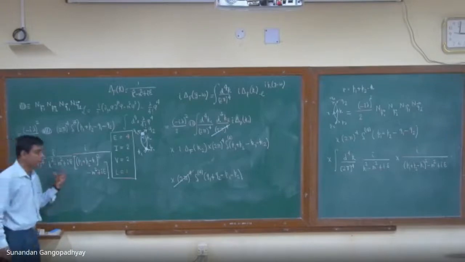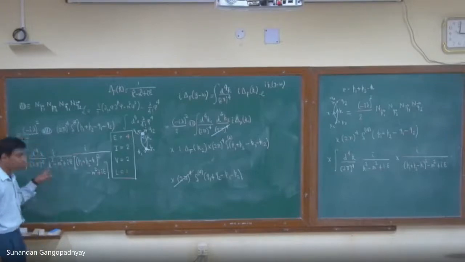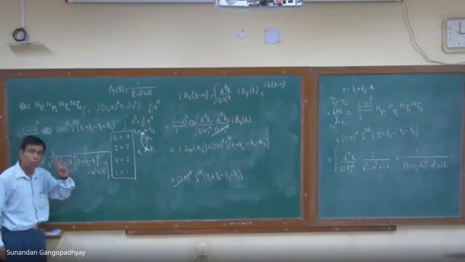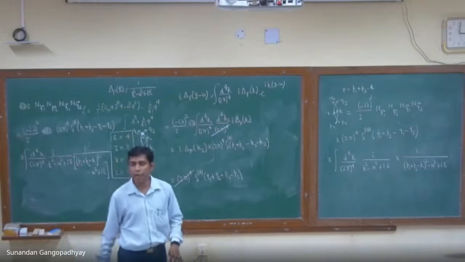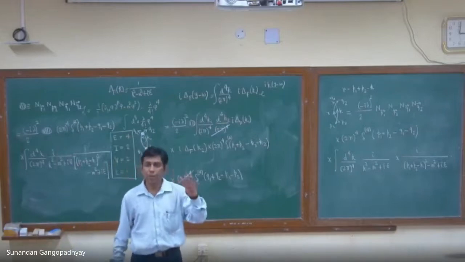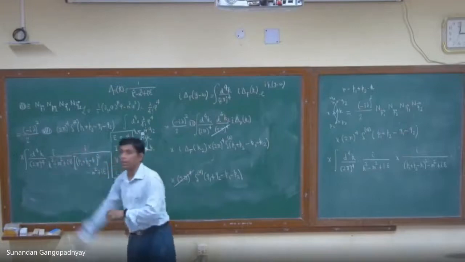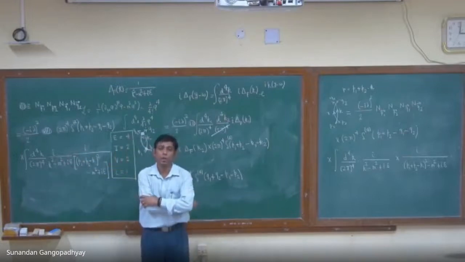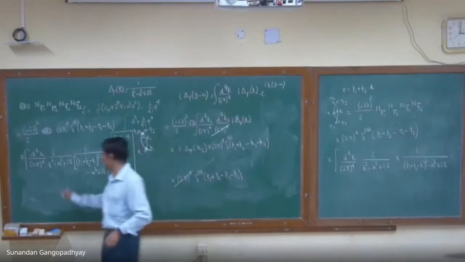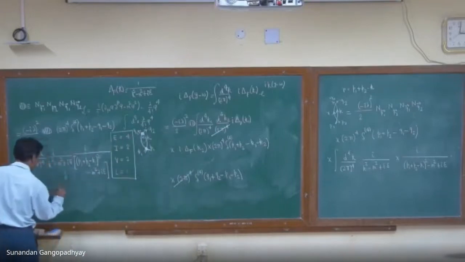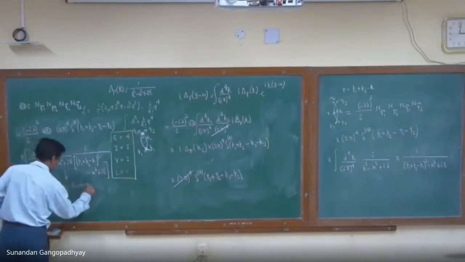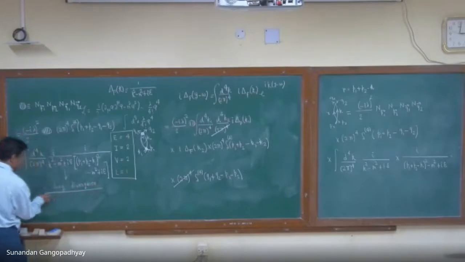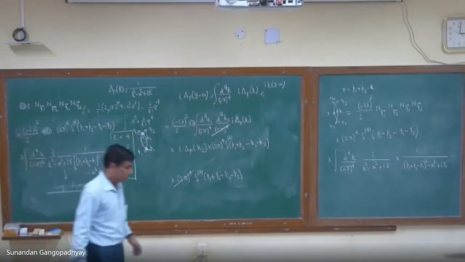And how many powers of k are there in the denominator? 2 powers of k, and from here there are 2 powers of k. So there are 4 powers of k in the denominator also. So 4 powers of k in the numerator, 4 powers of k in the denominator. So this particular integral is also divergent, and it is logarithmically divergent. So this has a log divergence at large scale.